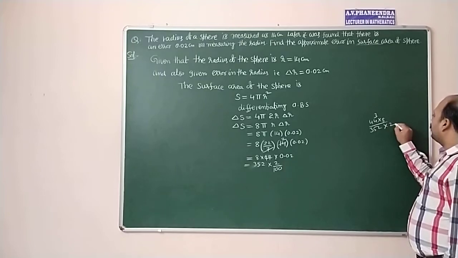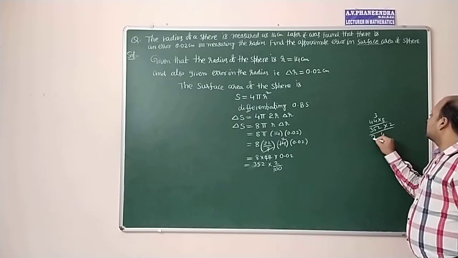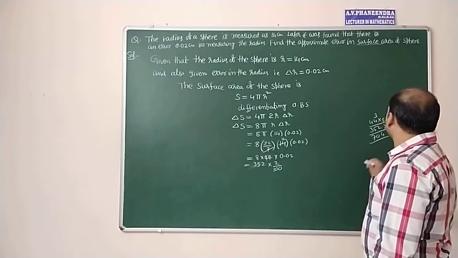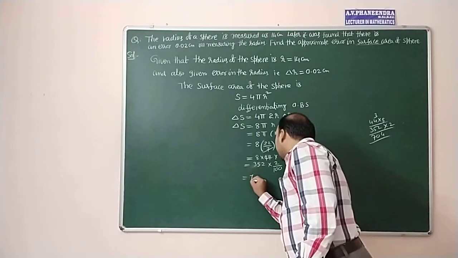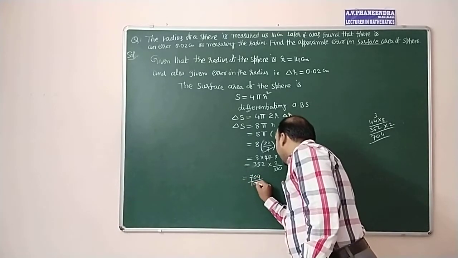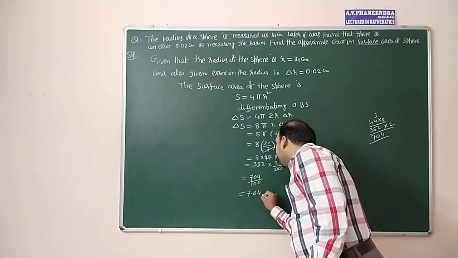So 352 into 2, 2 fours are 8, 2 fives are 10, 2 threes are 6, 7. So 704 divided by 100, which is equal to 7.04.